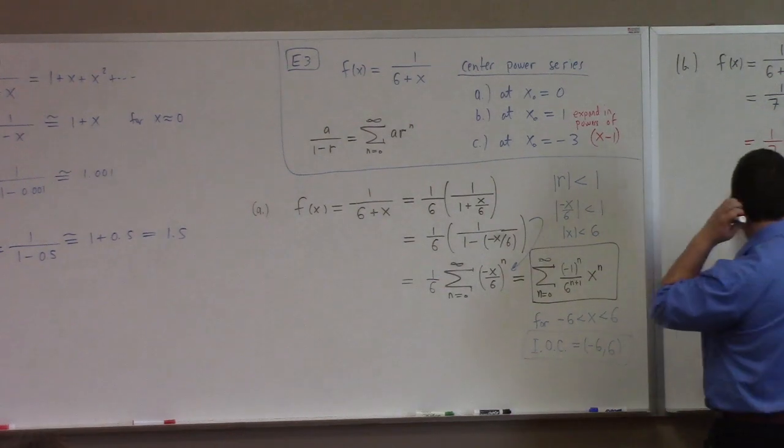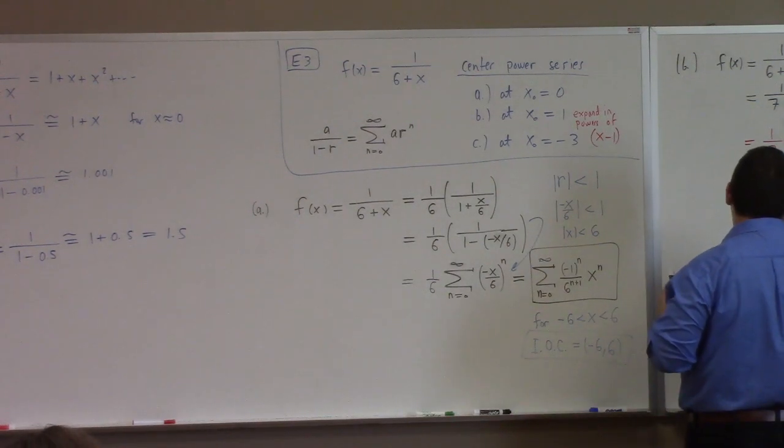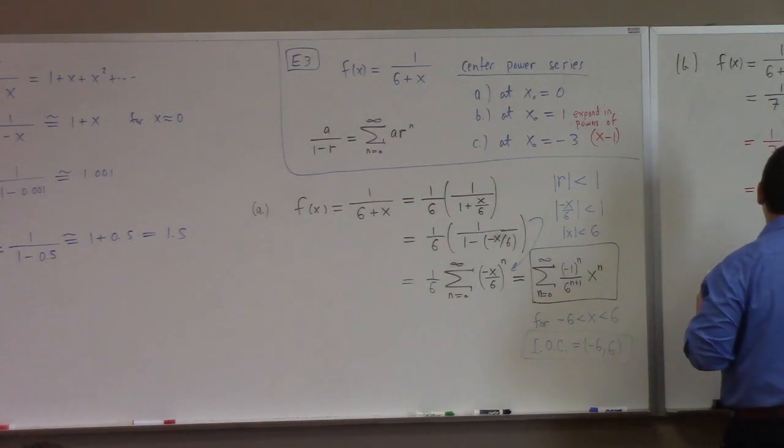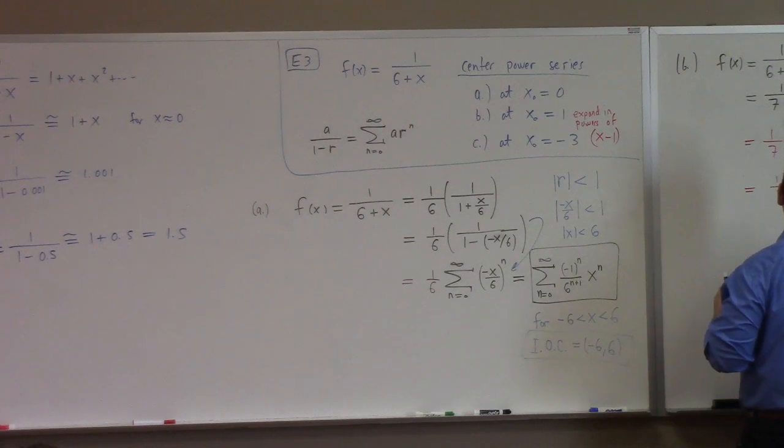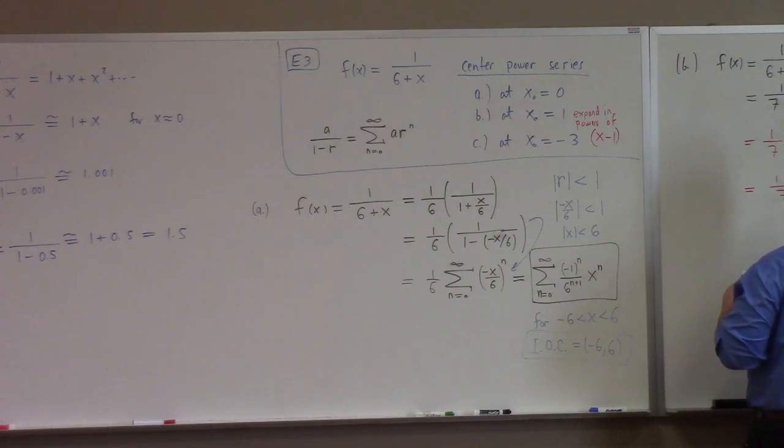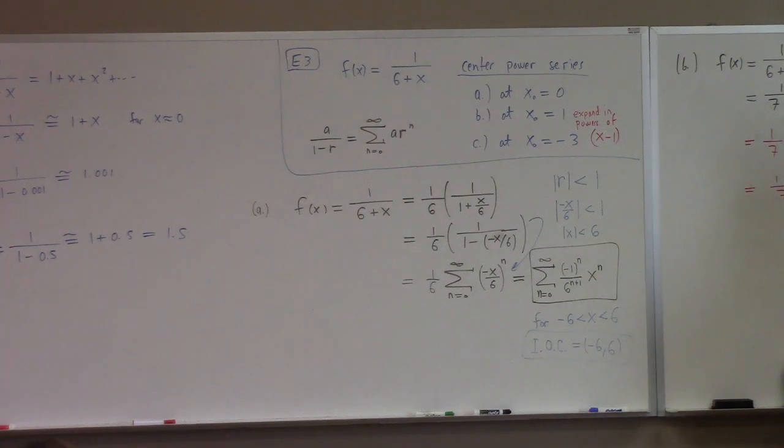So this is going to be equal to 1/7, the summation, n equals 0 to infinity of minus parentheses x minus 1 over 7 to the n. And that's going to be for whenever the absolute value of minus x minus 1 over 7 is less than 1, right?